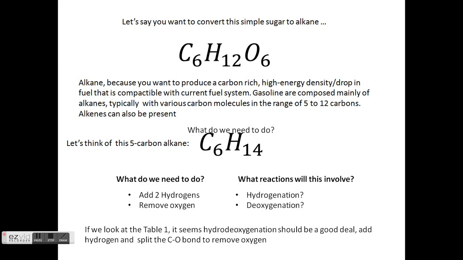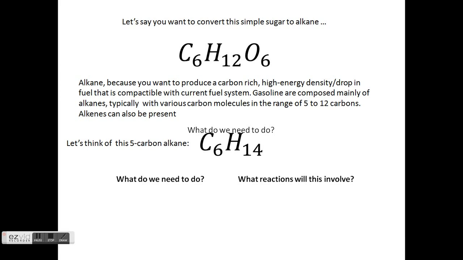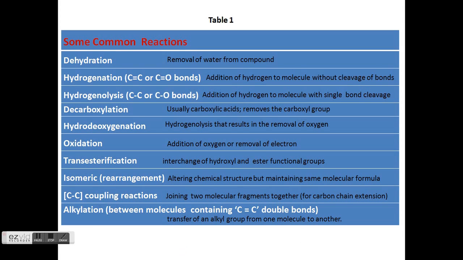So if we look at table 1, anyway, I'm not going back to that table. If you looked at that table, you would find out that there's a reaction, hydroxygenation. Let's see whether we can go back. Okay, so that's this. And hydroxygenation is where you're using hydrogen to split up the CO bond, and in the process removing oxygen from the compound.